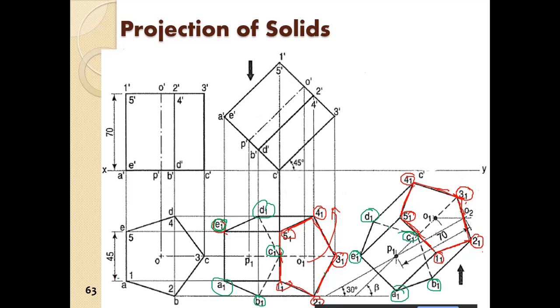You can see these are the dotted lines, which are the edges we will not see. So those are the dotted lines here.